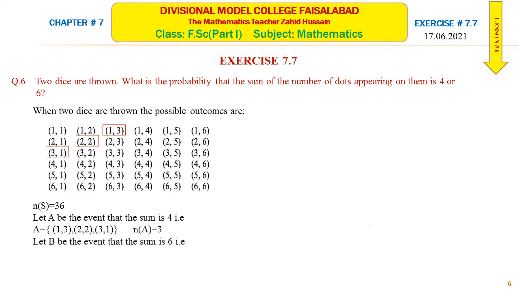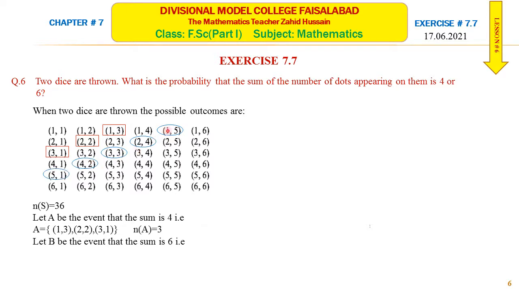Let B be an event such that the sum of the two numbers is 6. So what are those outcomes? 1 5, when you add these two you will get 6. 2 4, when you add these two you will get 6. 3 3, 4 2, and 5 1.